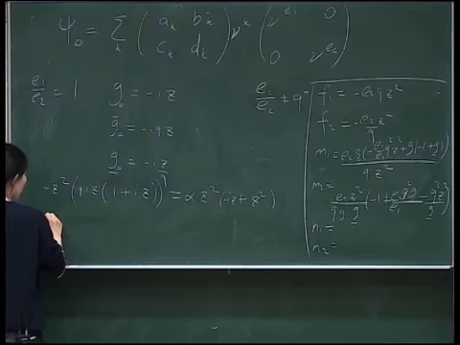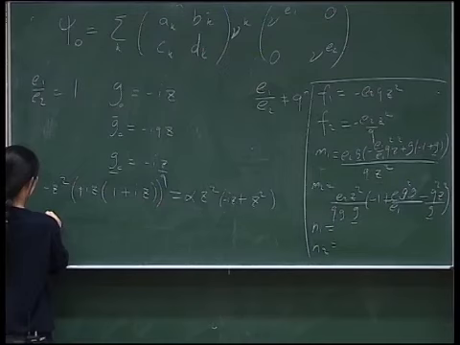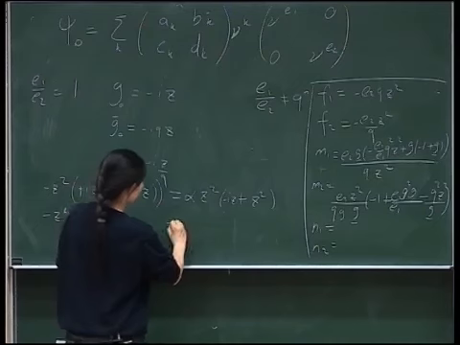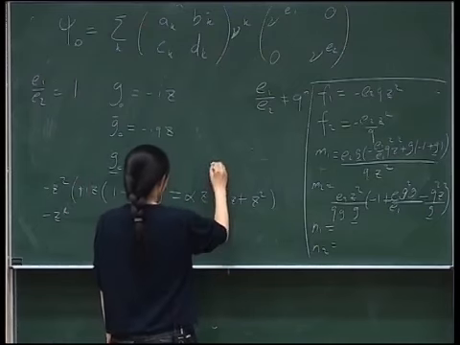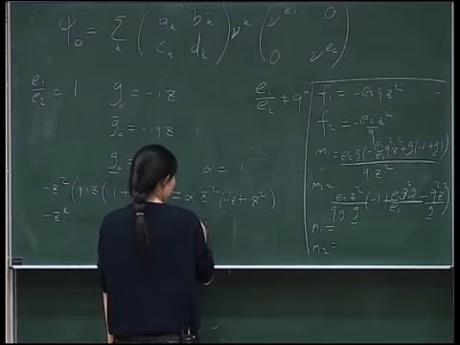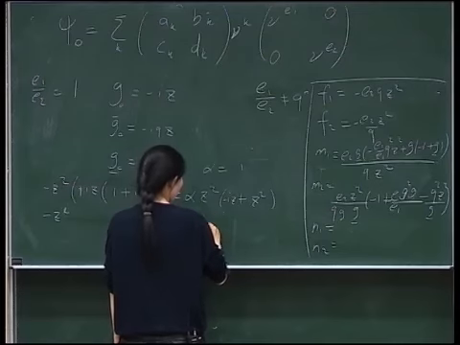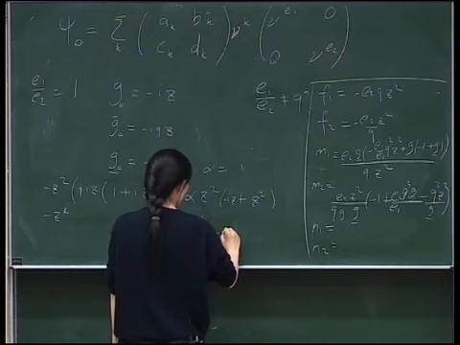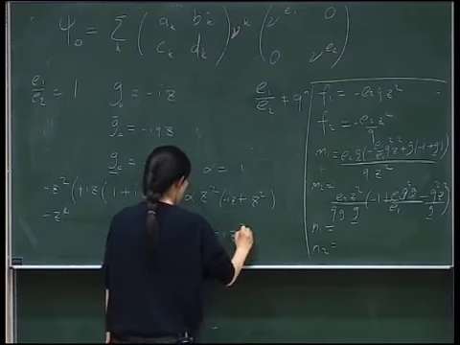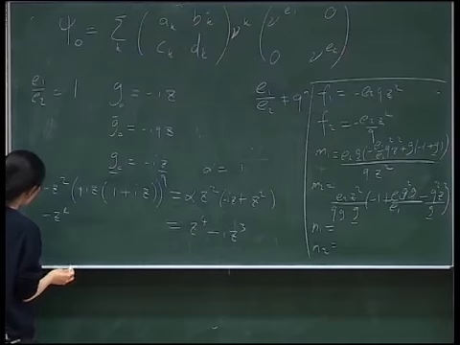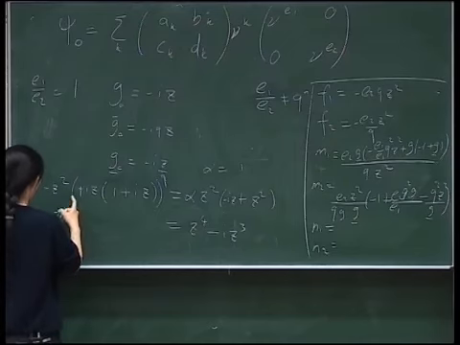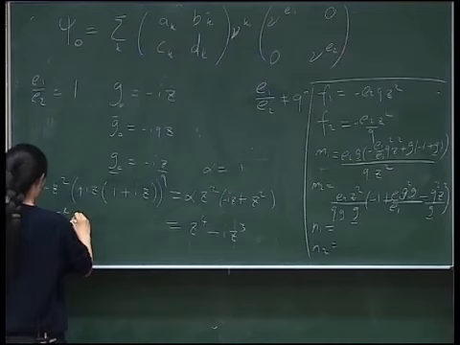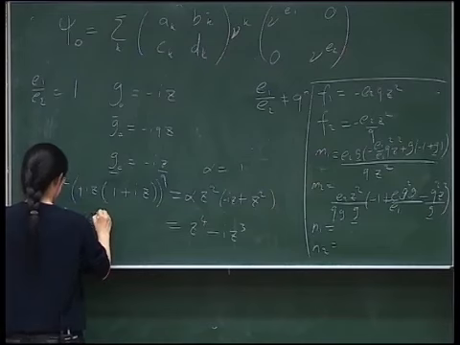So for Z to the 4, we have minus Z to the 4 because alpha is 1. So Z to the 4, and the other one is I Z3. This one is minus I Z3.